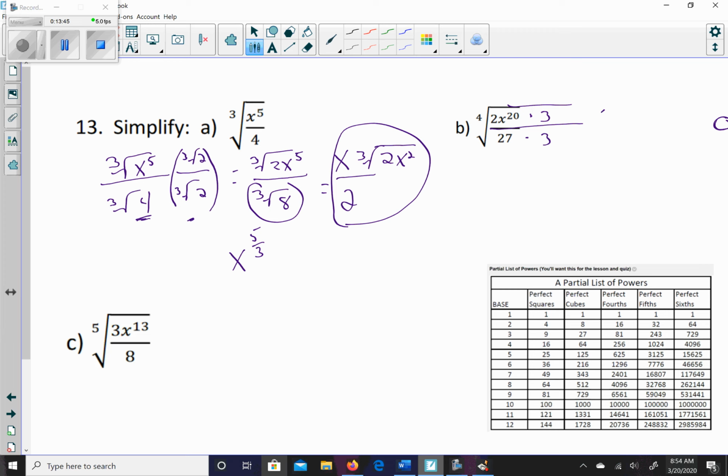So I'm going to have the 4th root of 6x to the 20th over the 4th root of 81. Separating that, the 4th root of 6x to the 20th over the 4th root of 81. The 4th root of 81 is just going to be 3.